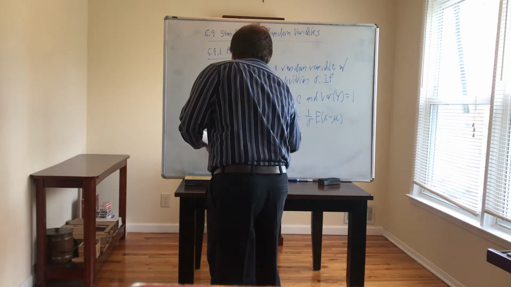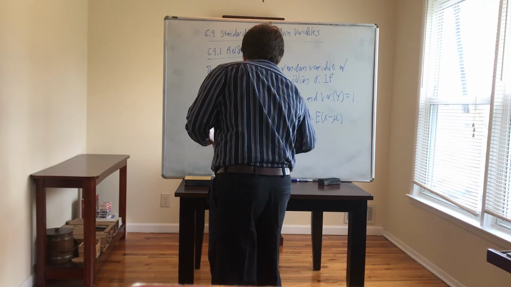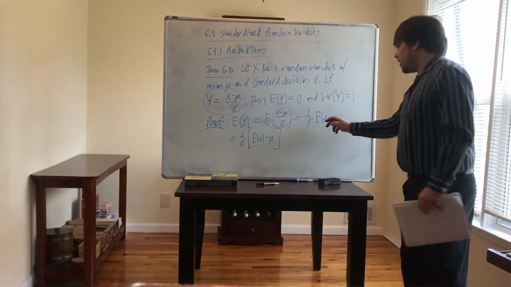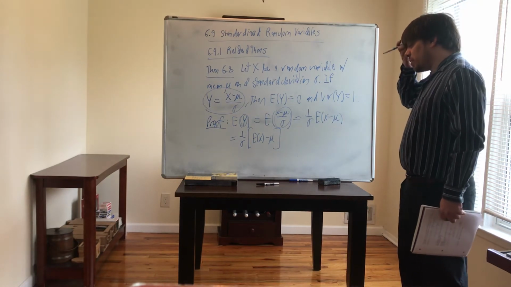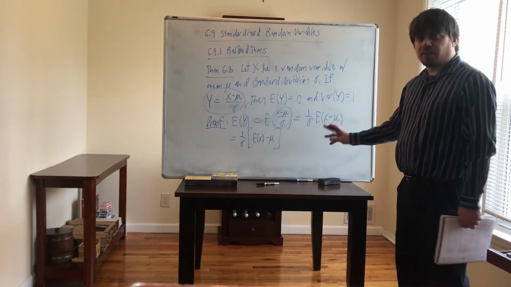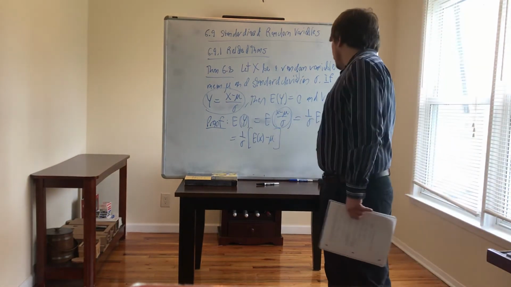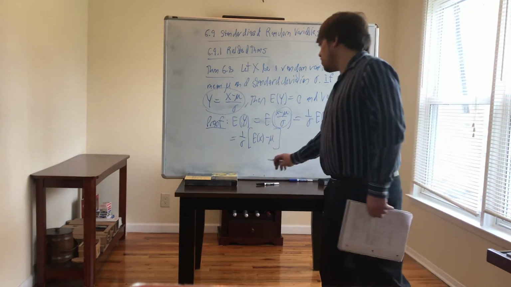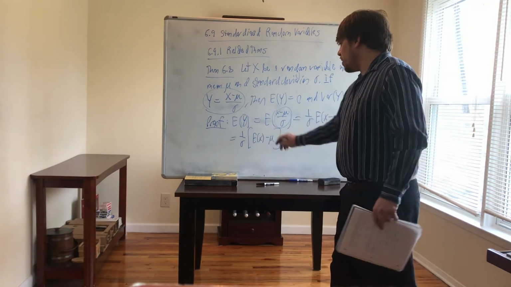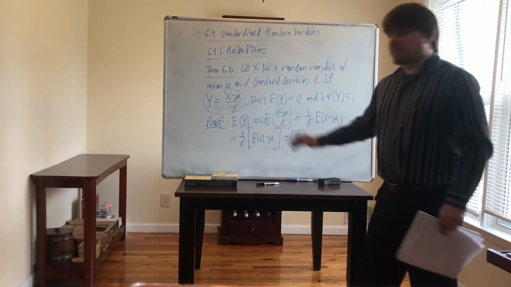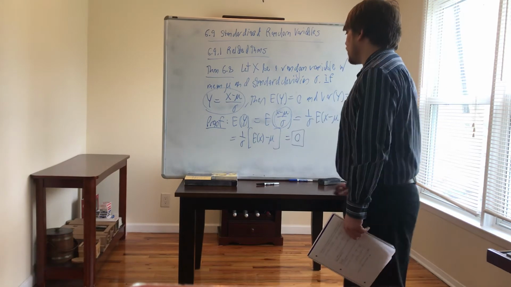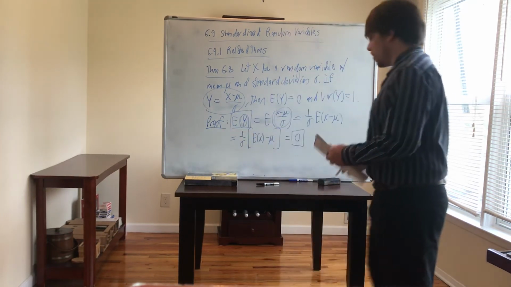Now E of X minus mu is E of X minus E of mu, but mu is a constant, and E of a constant is that constant, so E of mu is mu. E of X is mu, so 1 over sigma times mu minus mu is 0. And so we just showed that E of Y is equal to 0.